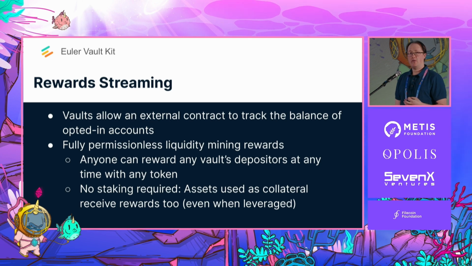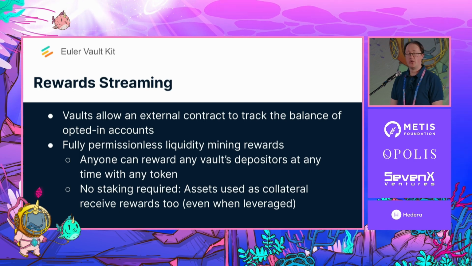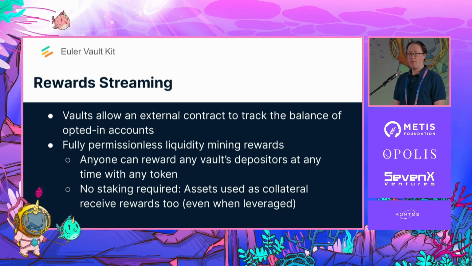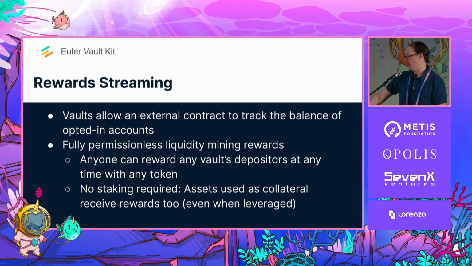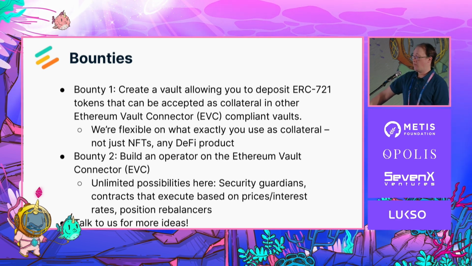That means that leveraged amounts can also be rewarded, right? So if you have a large leveraged position, you can be earning rewards based on the full nominal value of your collateral, even though that is, in theory, several times leveraged. So that's the sum of the talk here.